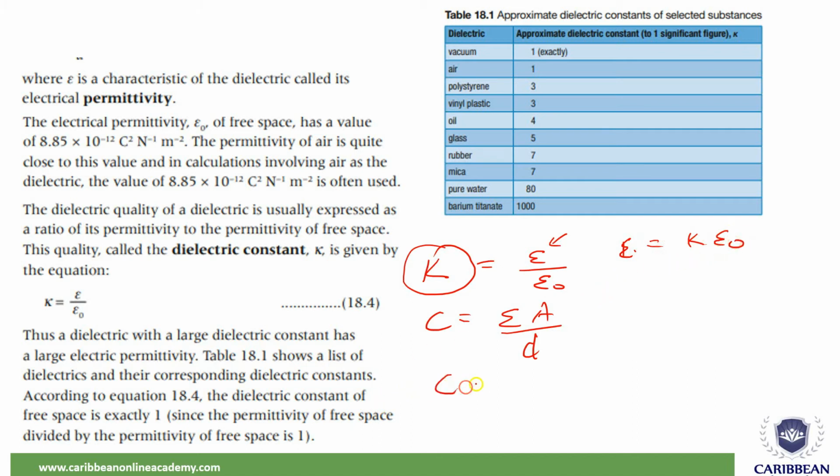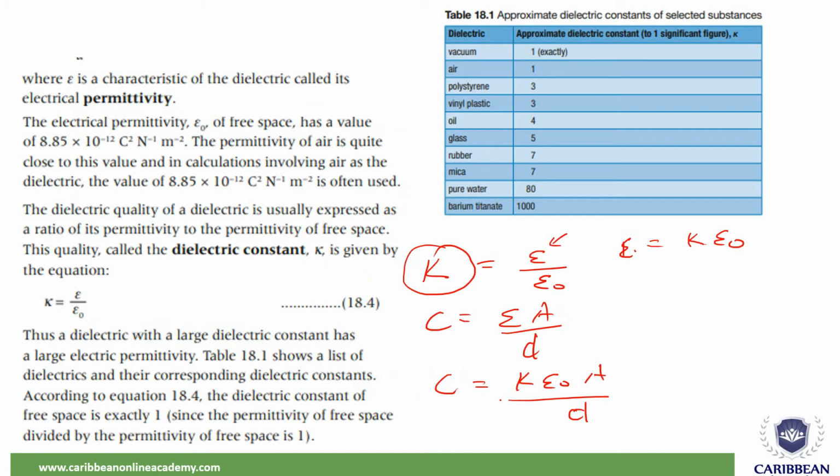So C is actually equal to K times epsilon naught times A divided by D. And we're going to see that more often, so you have to just remember that these things do exist, in terms of the electrical permittivity and the dielectric constant, okay?